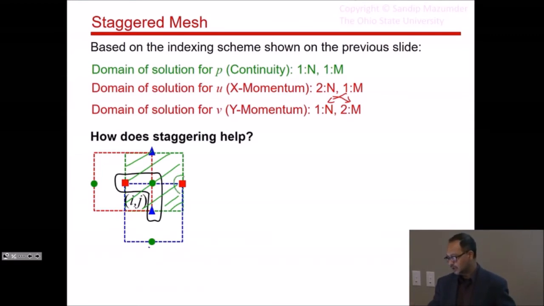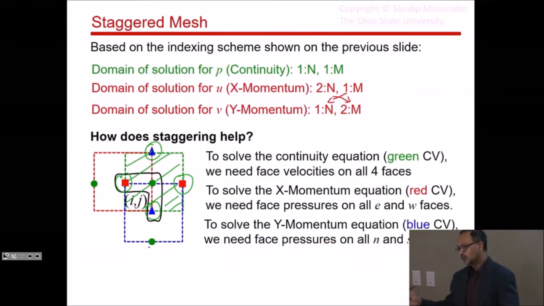I need u velocities on that face and v velocities on that face and that face. Again, readily available to me. That's where I'm solving for those velocity components. So by using this staggering, we have completely eliminated any interpolation. Not necessary at all, neither for pressure nor for velocities.